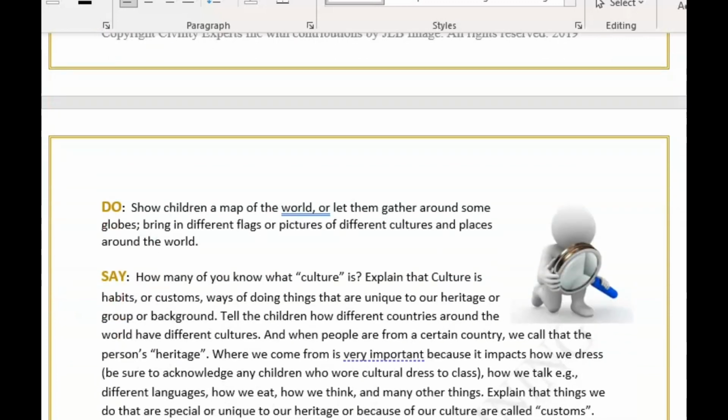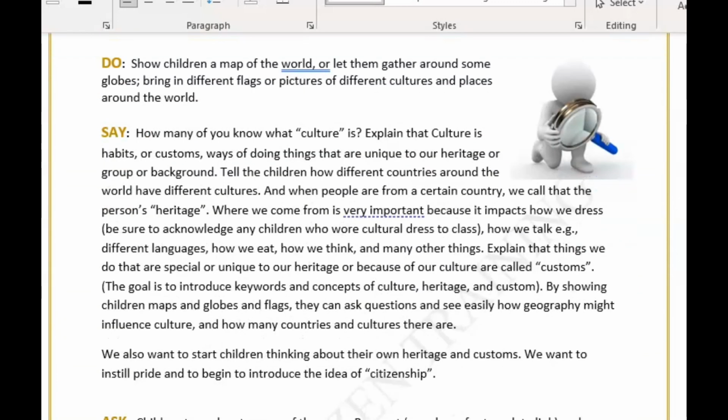So, when we talk about what culture is, I like to start out making it fun, some sort of a game. And so I would consider having a huge map of the world. I have seen at Amazon and other children's resources, you can actually find enormous puzzles of the world with big size pieces, and you can have the children build a puzzle on the floor.